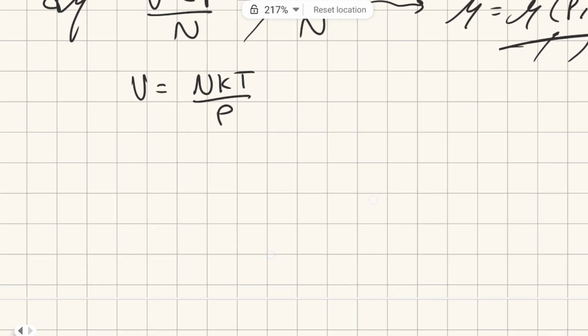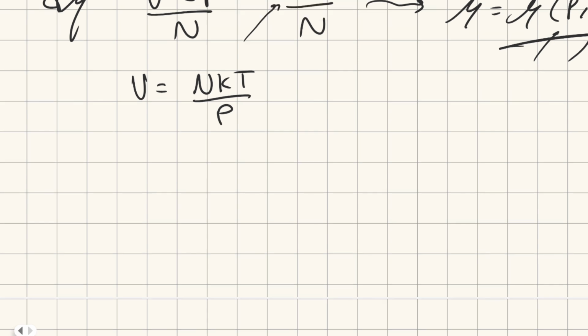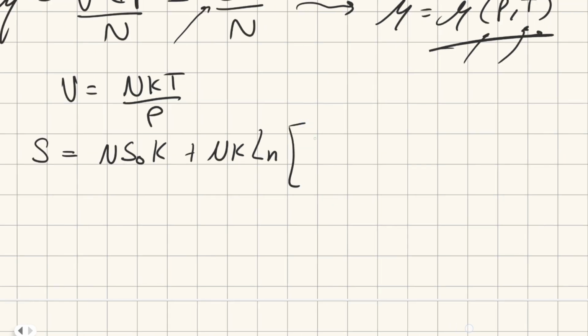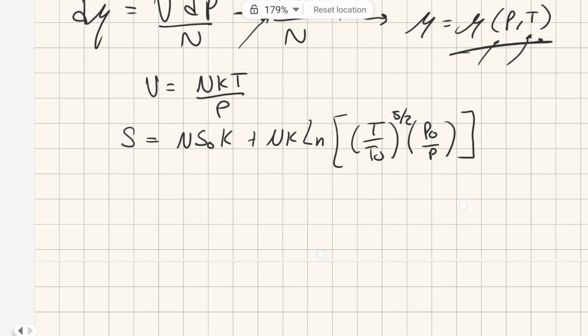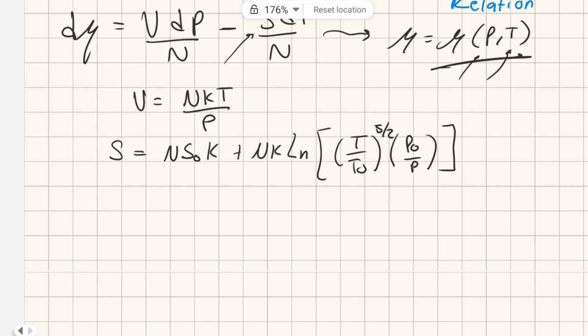So what is that result that we found? Well, we found that the entropy is equal to N S0 k plus N k the natural log of T over T0 to the 5/2 times P0 over P, like this. Okay, so that is the entropy of the ideal gas, which is a very important result also. So we are going to take these two results into this d mu.